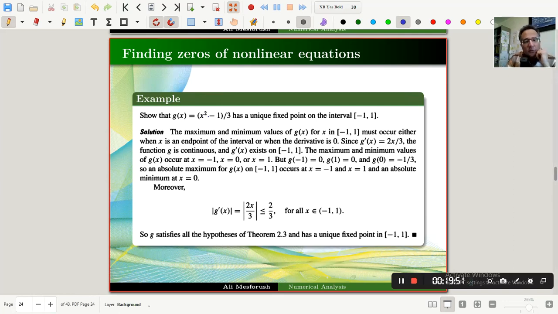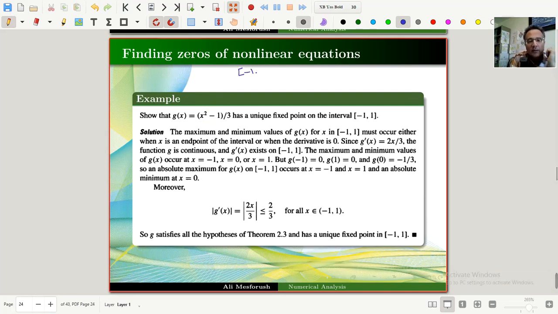Consider g of x equal to x squared minus 1 over 3 on the interval minus 1 and 1. It's clear that every point g of x belongs to minus 1 and 1 for all x in minus 1 and 1. It's clear that this is true. So now we consider the maximum value of the absolute value of g prime of x. Look at here, g of x is equal to x squared minus 1 over 3.